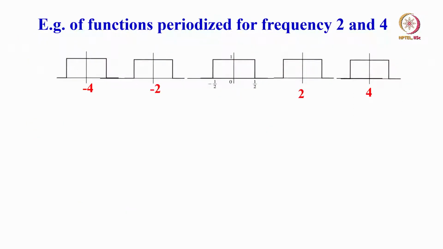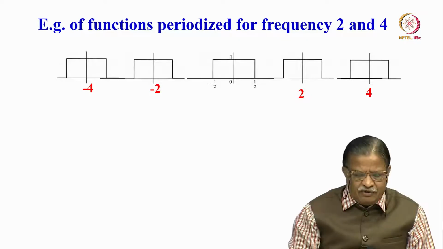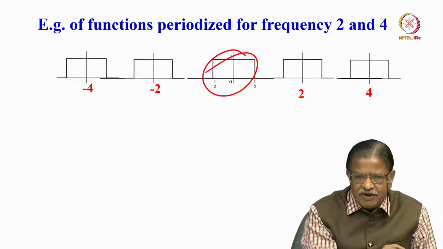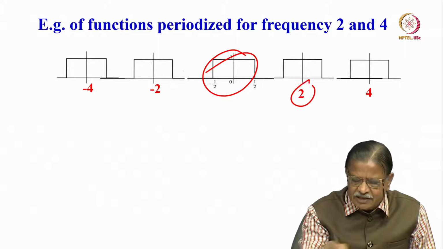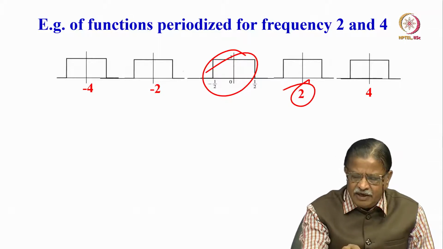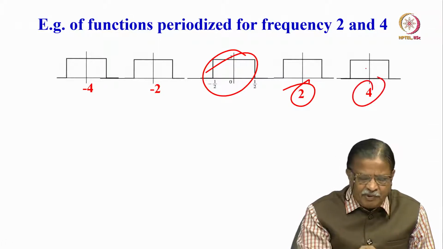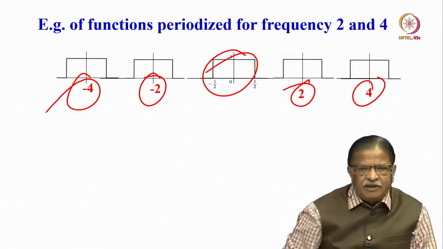For example, I am periodicizing the function at regular intervals of 2 and 4. Here this is a base function, and this is periodicized at period 2, it is repeated; at period 4 it is repeated, similarly at minus 2 and minus 4 it is repeated.